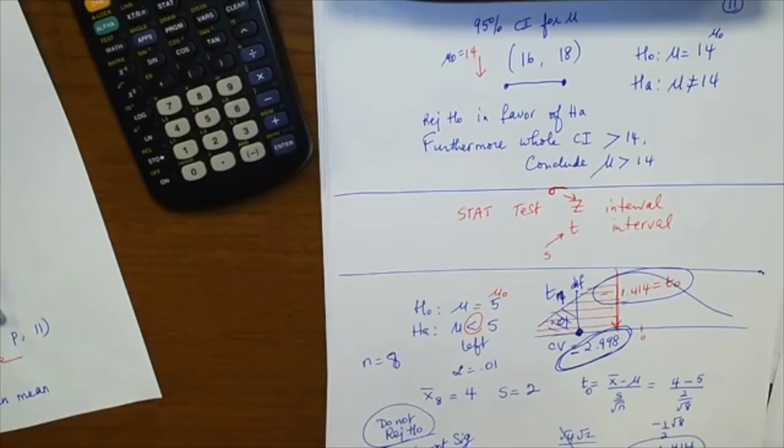What else? If you're stuck and you don't know what side your test is, and you're reading it and thinking, I don't know what side this test is, most of the time when it's left-sided, this number will be less than mu naught.